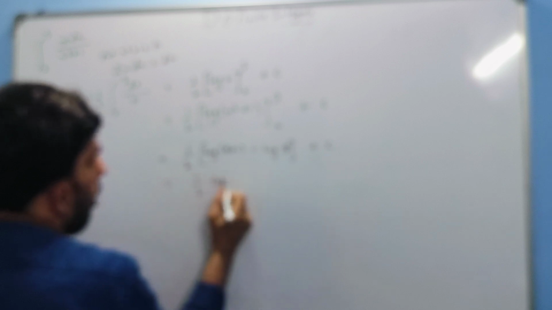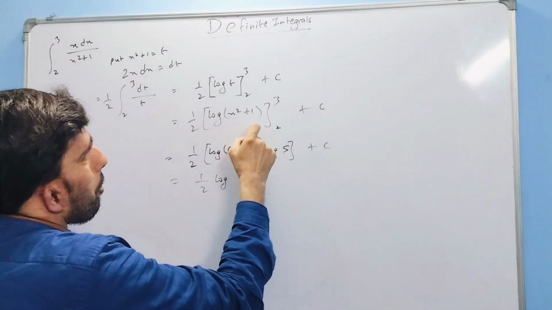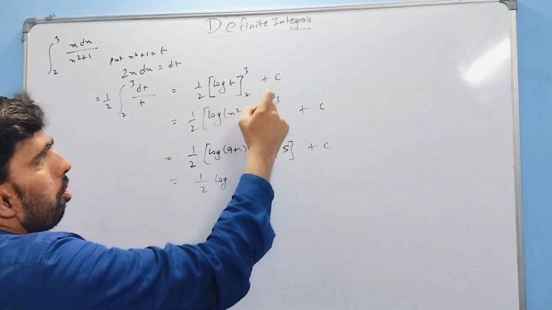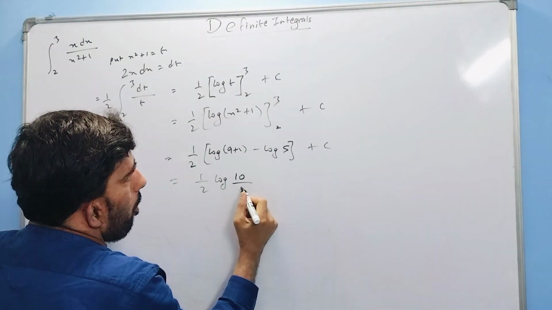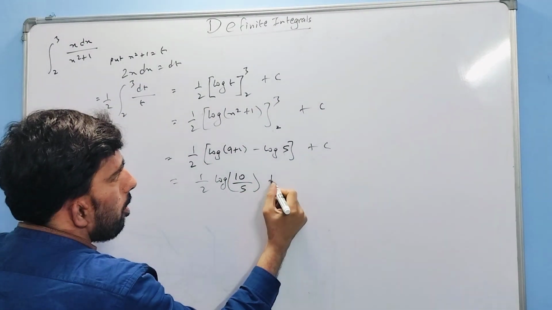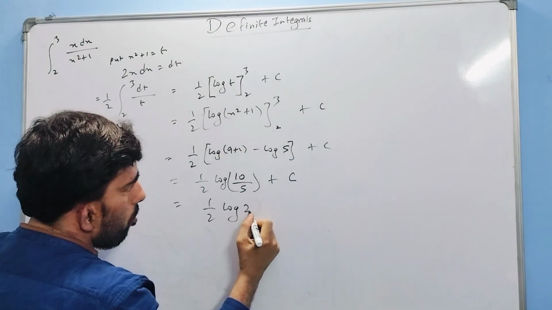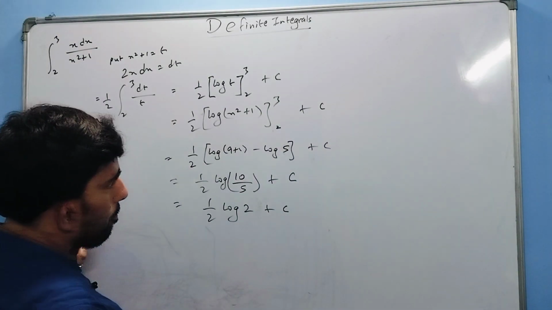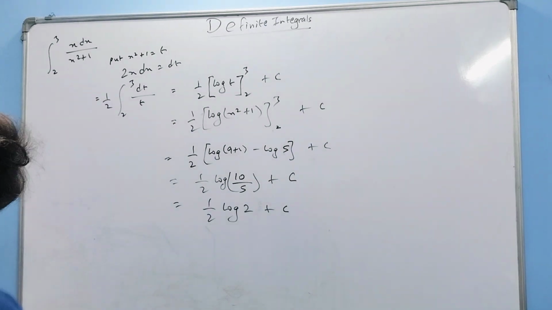So I got half log of 10 upon 5, plus c. So I found the value log 2 plus c. That is how we are able to solve the numerical.